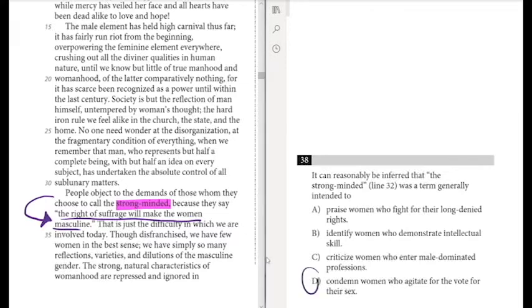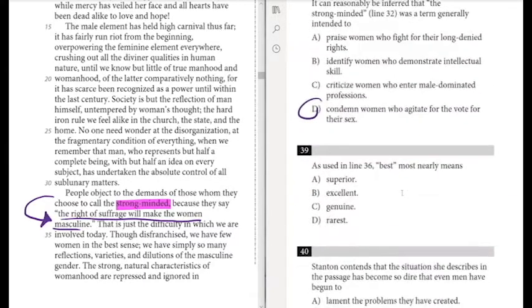So it's being used to refer to women who want voting in a derogatory manner, and that matches answer choice D. It's condemning women who agitate for the vote for their sex, because the right of suffrage means voting rights, so that's a perfect answer for number 38.